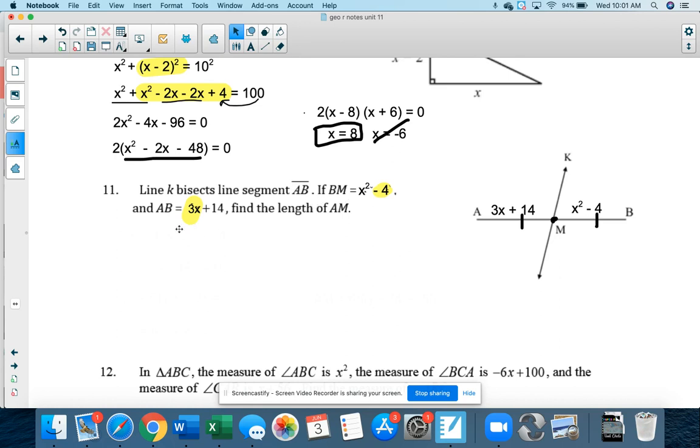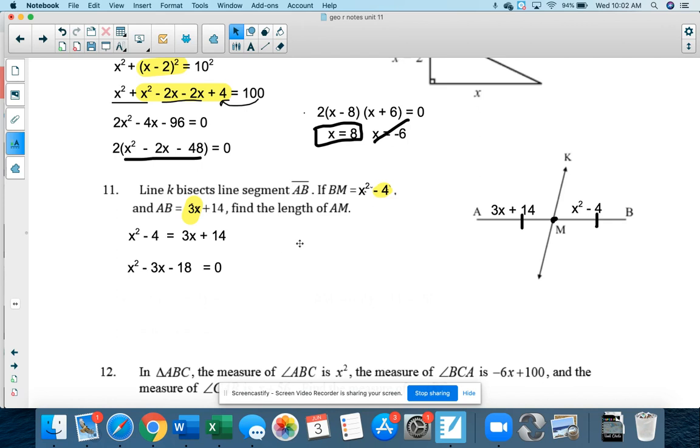But it's a bisector, so it's dividing it in half. So x squared minus 4 equals 3x plus 14. Now I want everything on one side. So I'm going to subtract 3x and I'm going to subtract 14. That will result in x squared minus 3x minus 18 equals 0.